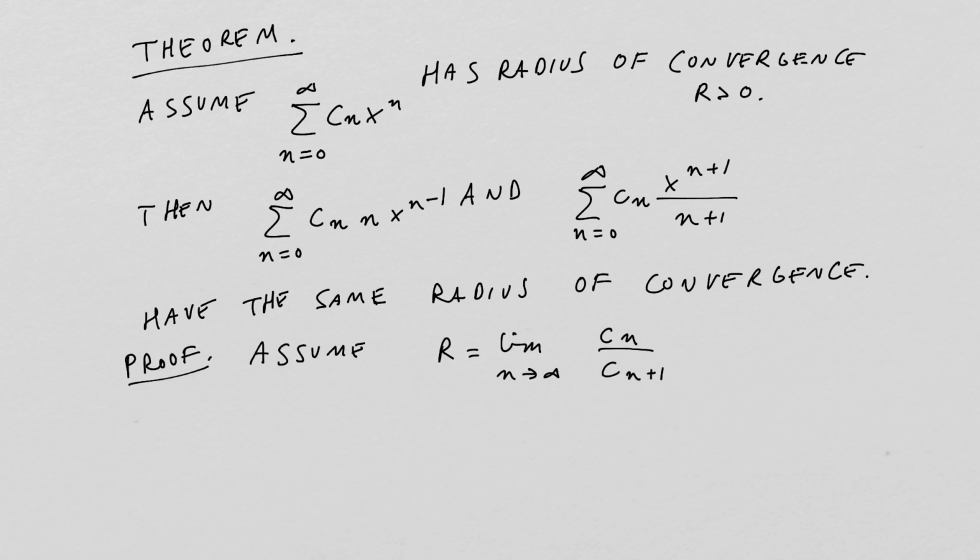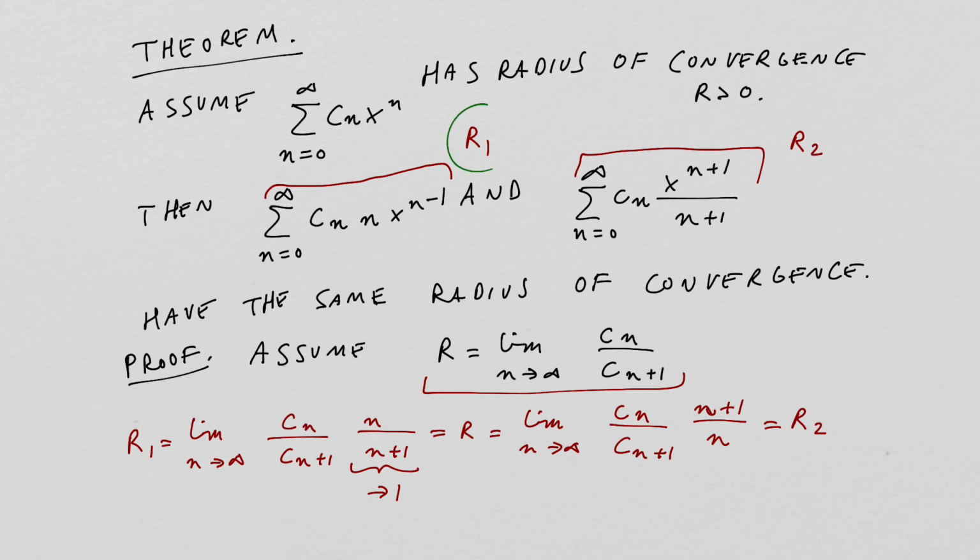Assume that the radius of convergence of the original series is given by this limit. Let the radius of convergence of the derivative series be r1, and for the other series let the radius of convergence be r2. If we try to calculate what r1 is, we will take these terms from here and consider the limit of their fractions, but the term n does not give anything new because n divided by n plus 1 will go to 1.